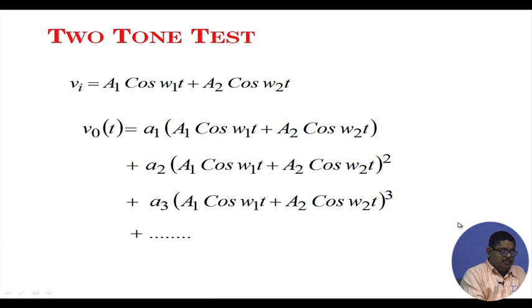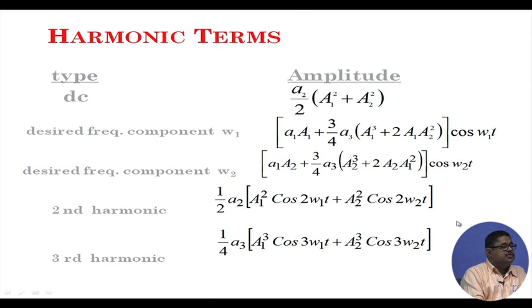Now, let us see what happens here. If you now collect the terms, what is the DC term, the omega 1 term, the omega 2 term, the 2 omega 1 term, the 3 omega 1 term, etc. If you list them, please do it at home. You will see that DC will have this amplitude.